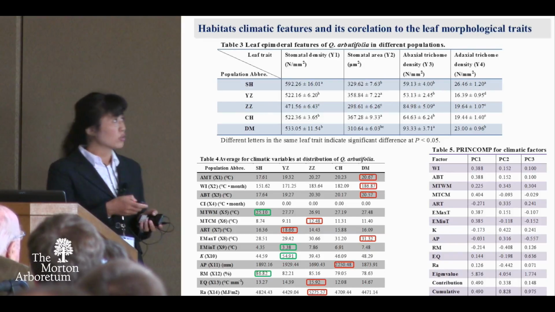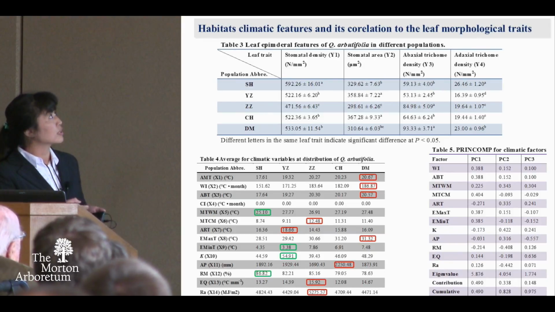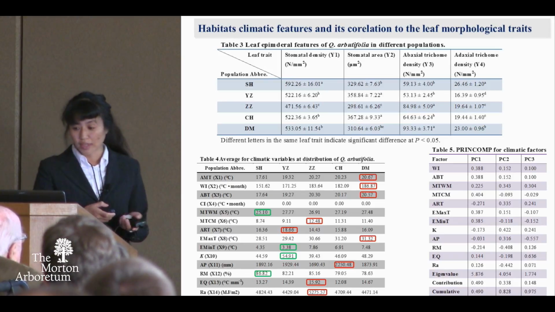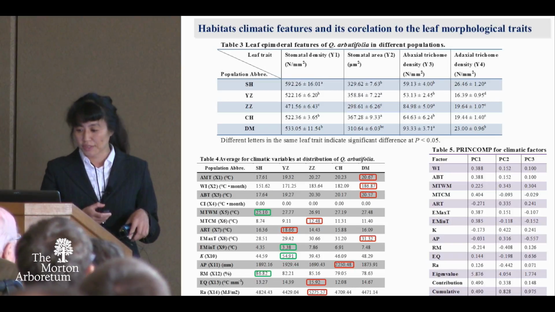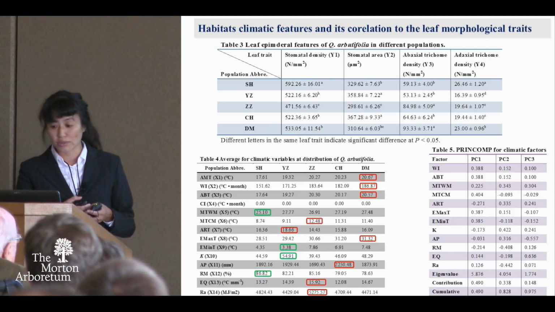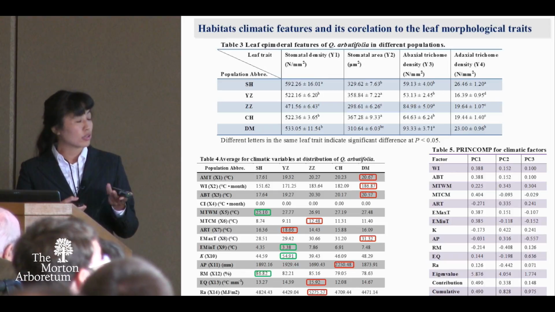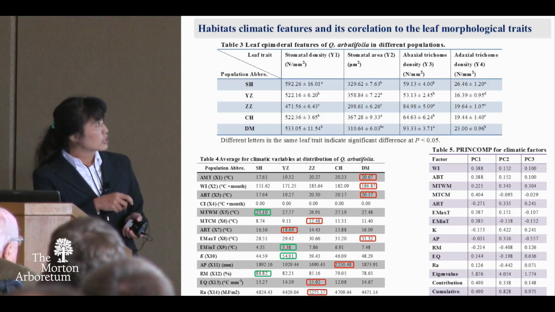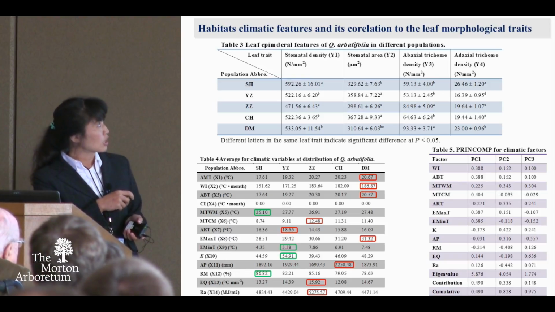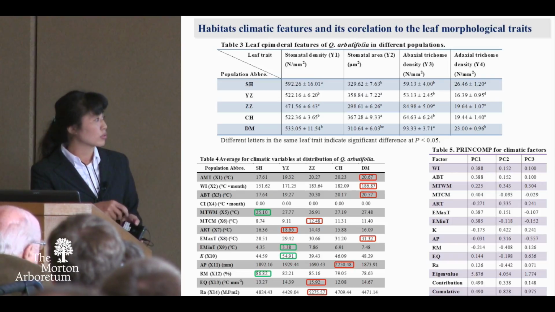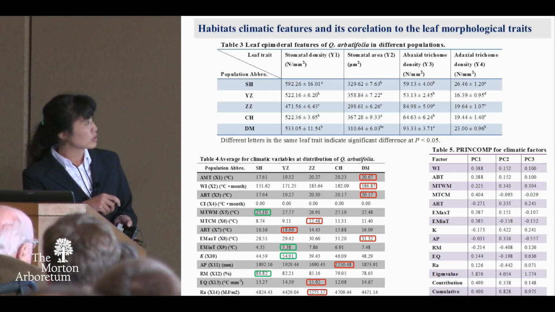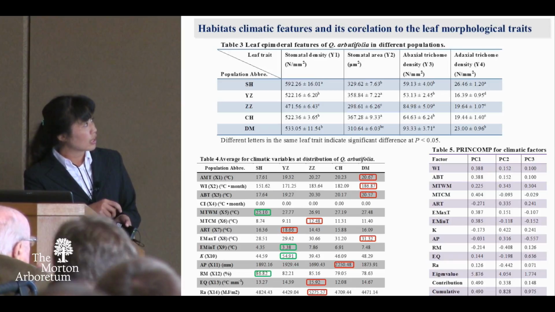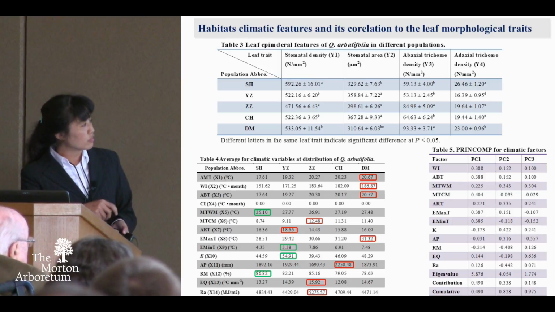We also got some results on the stomata density and the stomata area, the trichome density on the leaf lower surface, and the trichome density on the upper leaf. And friends helped us get the climate data for each site, and we did a little analysis and figured out that the five populations have climate factors that are very different from each other.